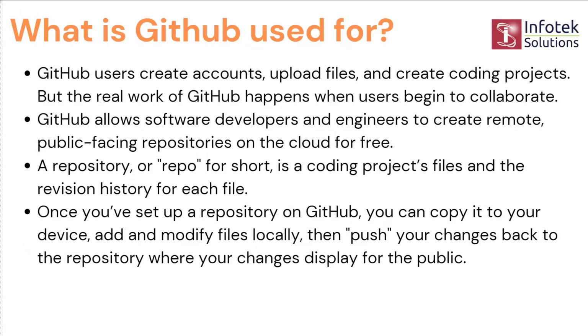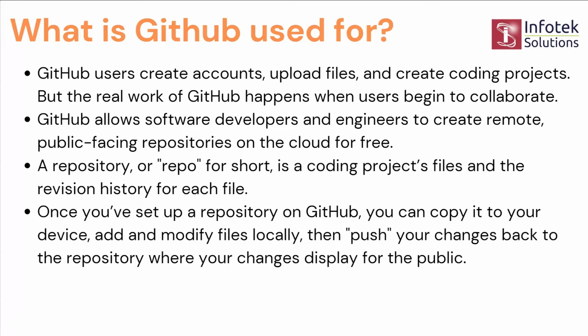Now, next thing, what is GitHub used for? GitHub users create accounts, upload files, and create coding projects. But the real work of GitHub happens when users begin to collaborate. So uploading, creating accounts, and creating code are part of a project, but the real job of GitHub is when we start collaborating or using it from different places.